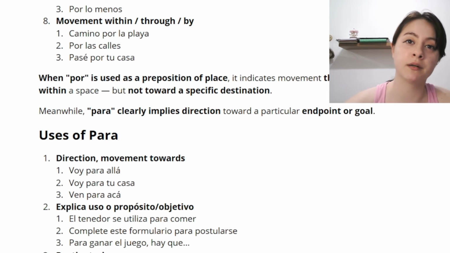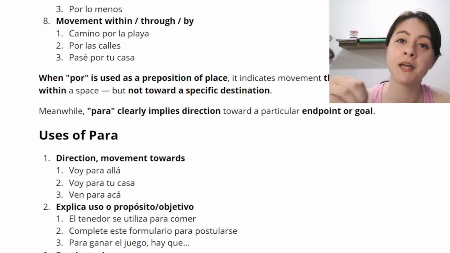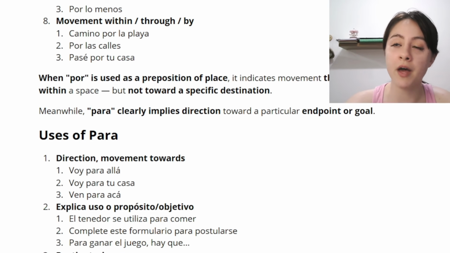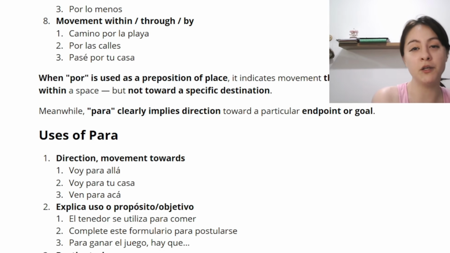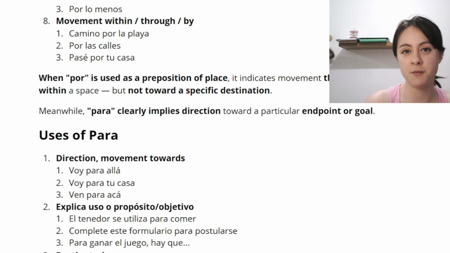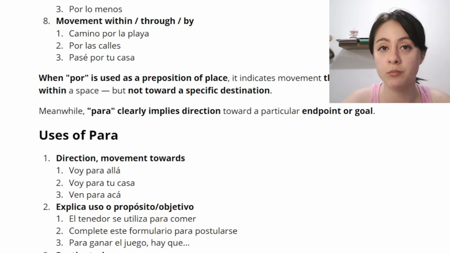It just means you were doing something, you're walking or driving, and then you saw the house, you passed right by it. You might or not have stopped, but in Spanish, when you say pasé por, it means you just crossed the house. You saw it at least. So that's another example in which you must use por.